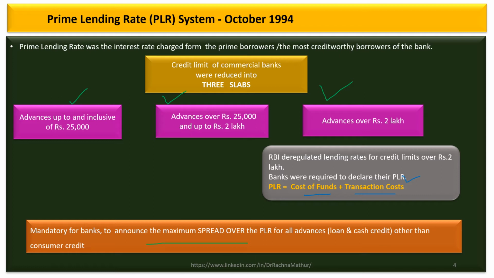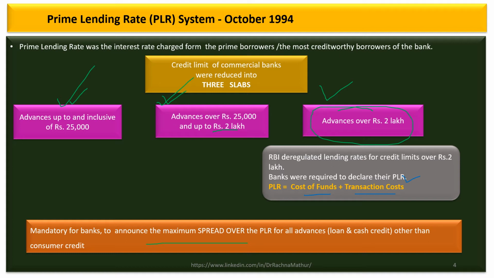The important thing to note in this prime lending rate system was that the first and second slabs were basically for small borrowers, to give them loans at a regulated, subsidized rate fixed by the bank, to protect the interest of small borrowers borrowing up to 2 lakh rupees. But lending beyond 2 lakh was completely deregulated by RBI, and banks would determine their own lending rate.